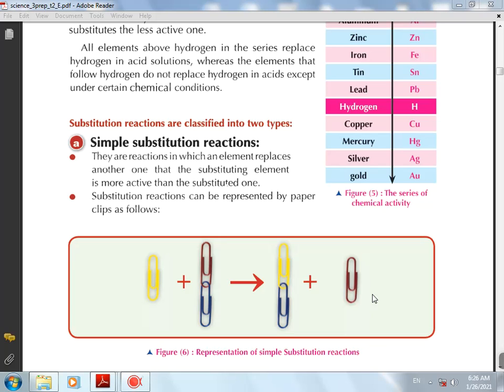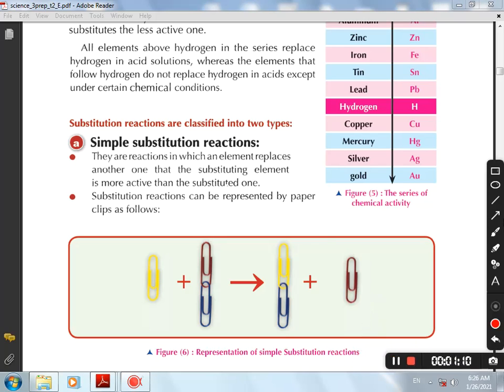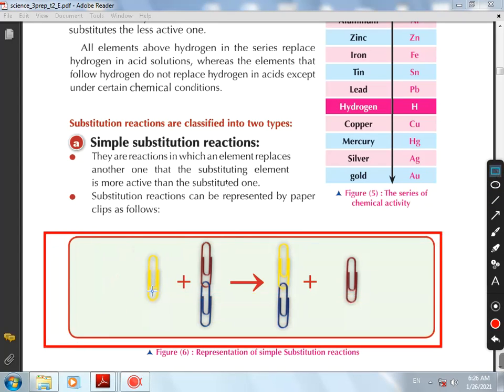And substitution reactions can be represented by paper clips as follows. Okay? Here, the yellow one can replace the red paper clip, and this is simple substitution reaction. Just one element can substitute another one.